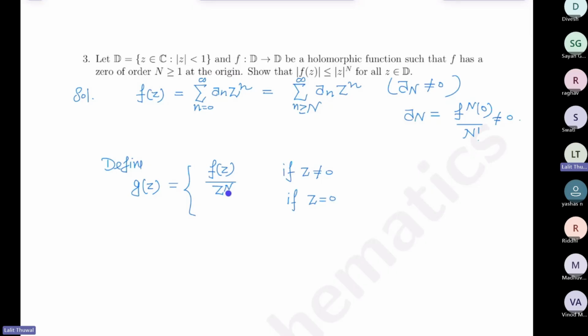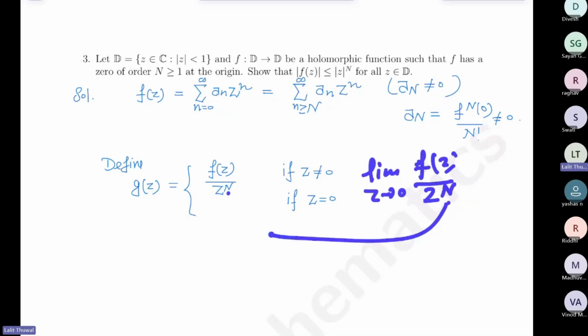G will be holomorphic by Riemann's removable singularity theorem. It must be the limit as z tends to 0 of f(z) over z to the power n. So to what does this limit equal? I have written everything here, right?